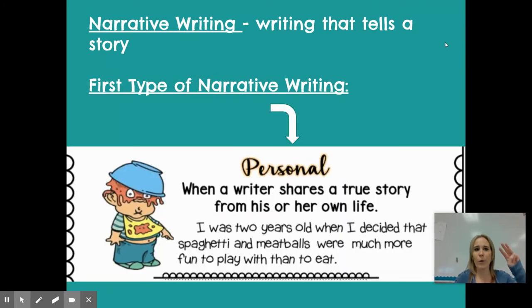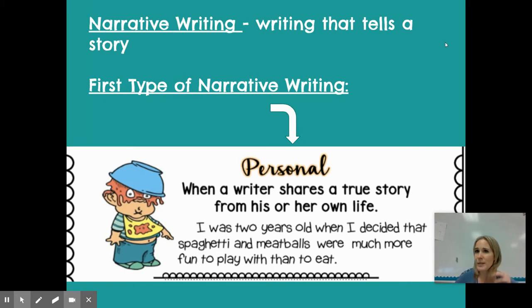Okay, so we're going to go over 3 types of narrative writing. The first type of narrative writing is a personal narrative. That's probably the kind of narrative writing you've done the most, where you share a true story from your own life. Now, again, it still has to be a story, not just a journal, it can't just be a description of your dog.